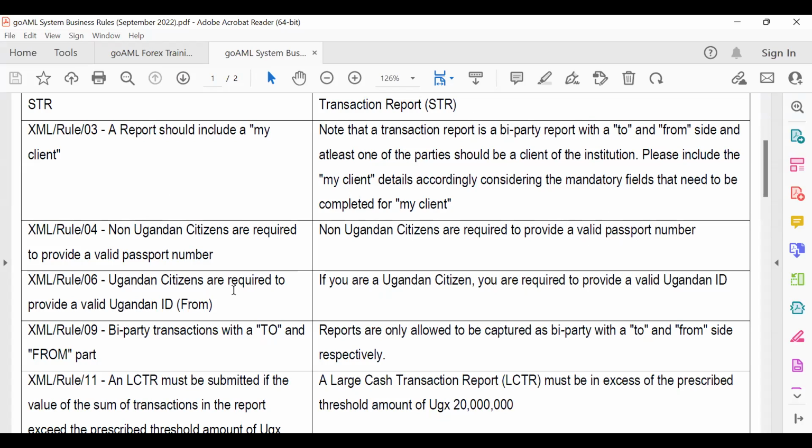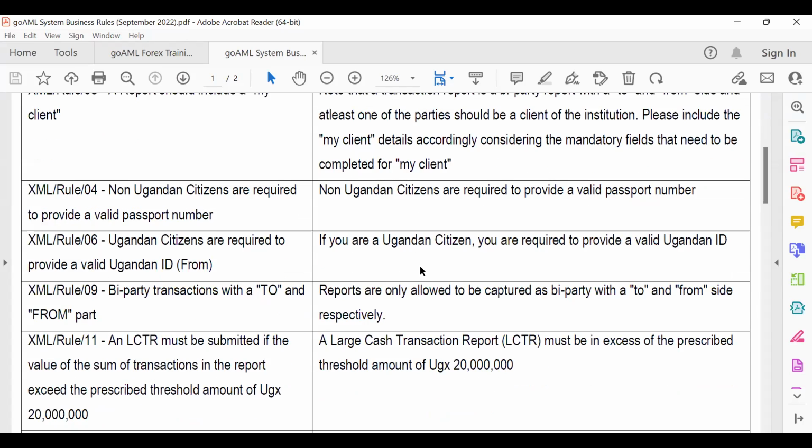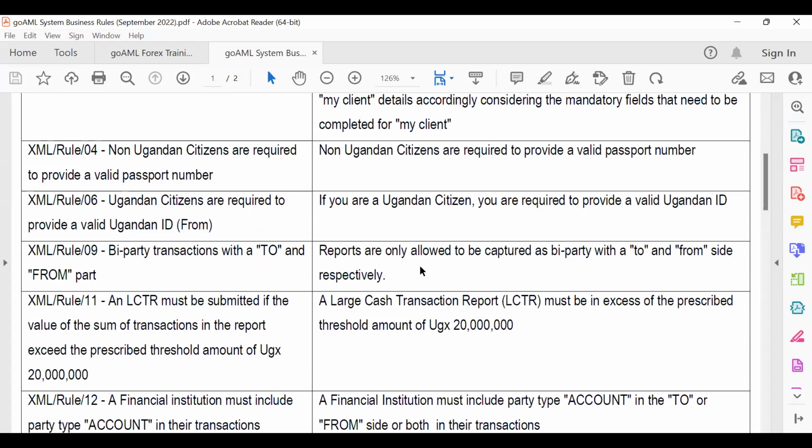And Ugandan citizens are required to provide a valid Ugandan government-issued ID. So identification is very key for both nationals and non-nationals whom you're transacting with. So you can't say that this person transacted less than the reporting threshold, so you didn't get their ID during the transaction. It's important that for every transaction you capture ID.